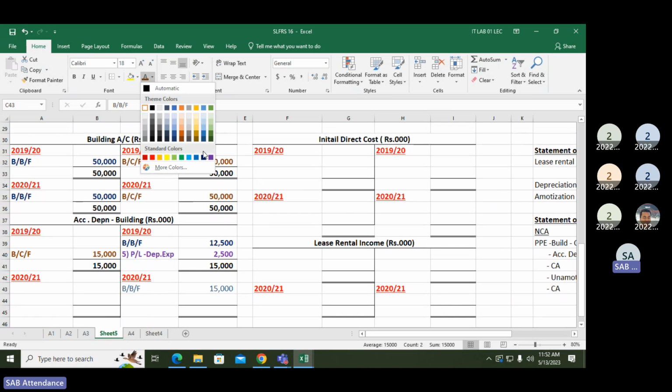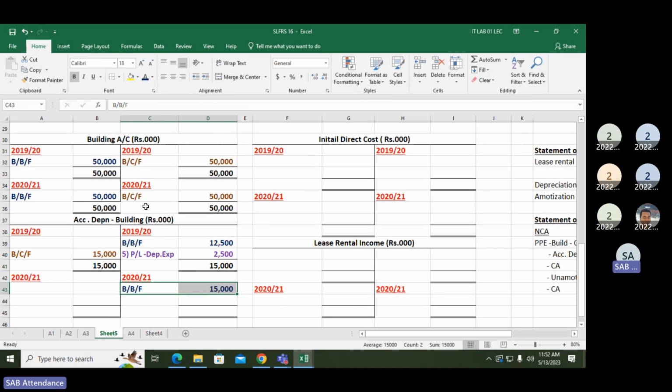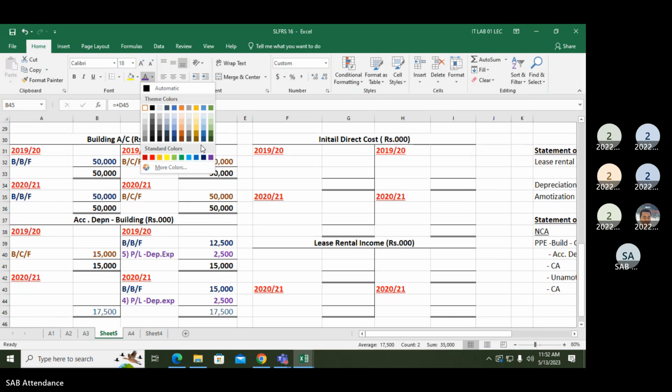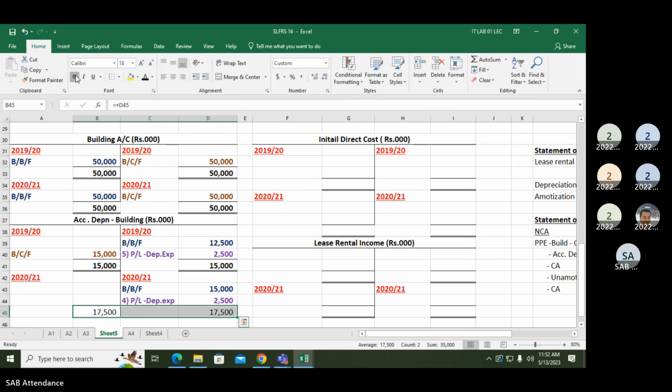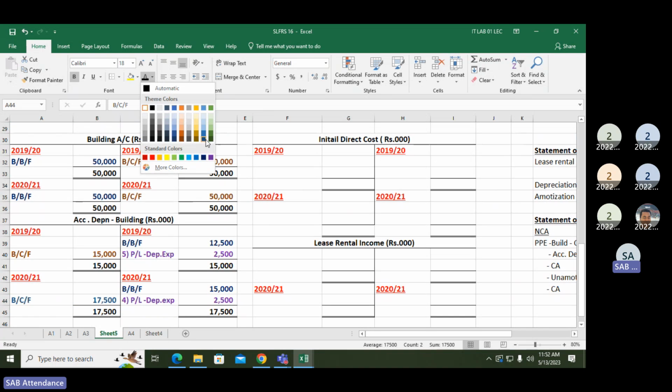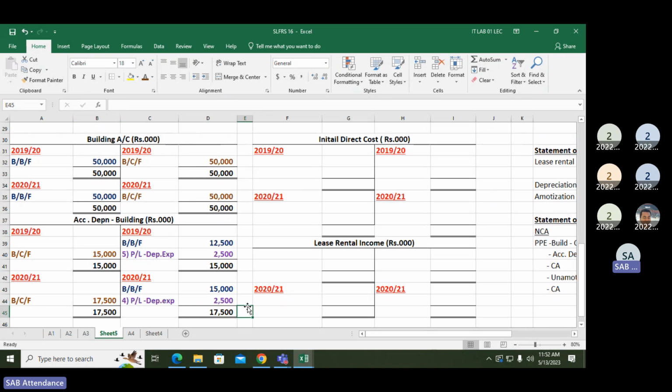Second year we have 15,000 and charge to P&L 2,500. So balance carried forward 17,500.